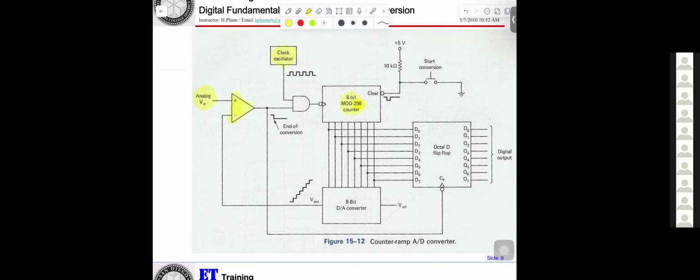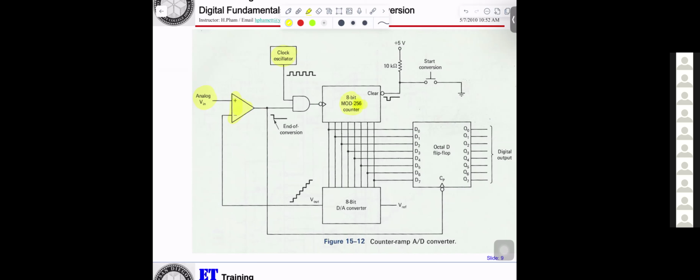Like I said, we get 8 bit, that means you can get 255 steps. Counter, that's 8 bit. So when the clock comes in, the counter will be counting 0, 1, 2, 3 up to 255.